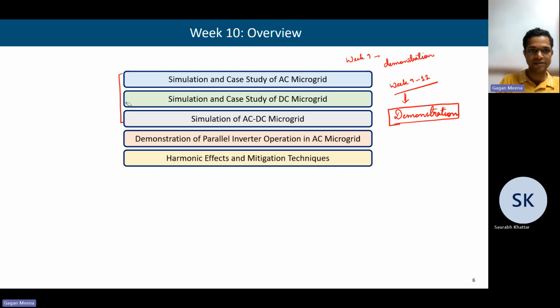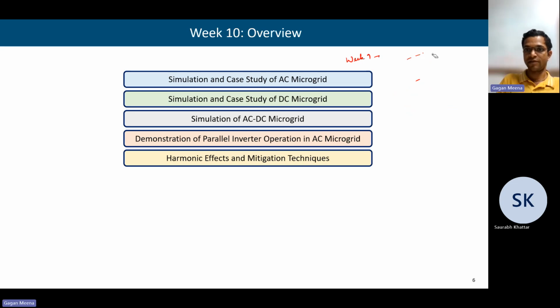And then there was a small hardware demonstration of parallel operation of inverters in AC microgrid. And last was not a demonstration. It was again a theoretical topic based on harmonic effects and different mitigation techniques for those harmonic effects.